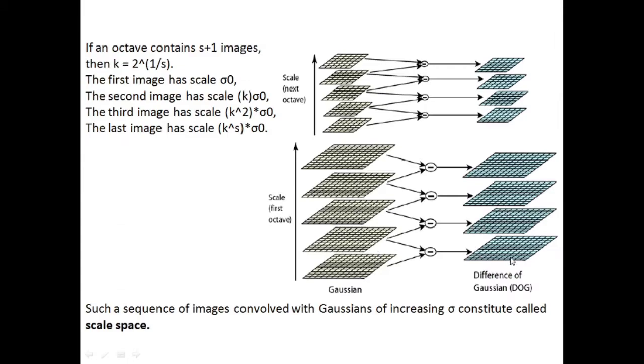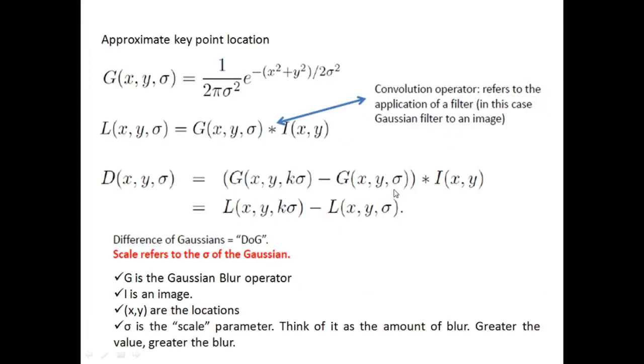So DOG is the difference of the k power of 0 and k power of 1 images. Difference of Gaussian times I of x comma y, the original image intensity, is L of x comma y comma k sigma minus L of x comma y comma sigma. This expression can also be rewritten in this manner.